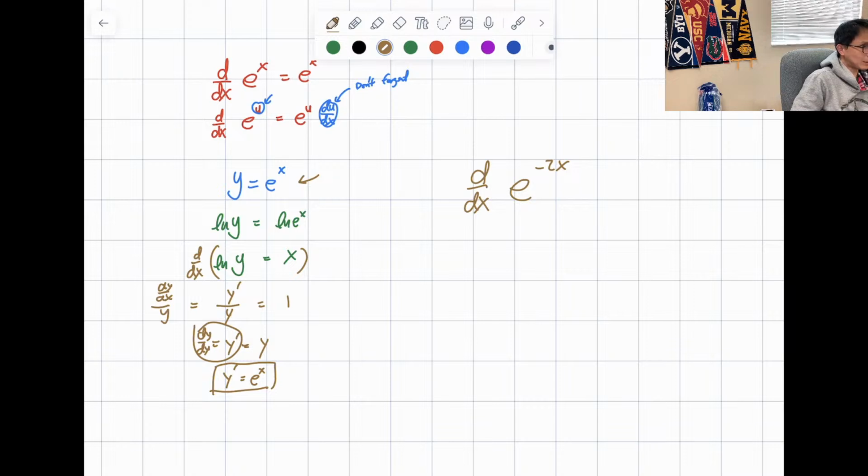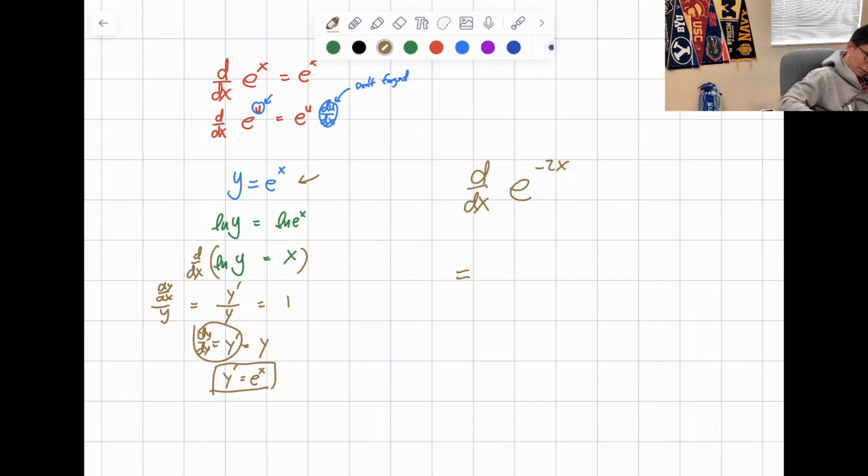No. Malin? Kevin? Simon? Avadesh? Negative 2 e to the negative 2x.